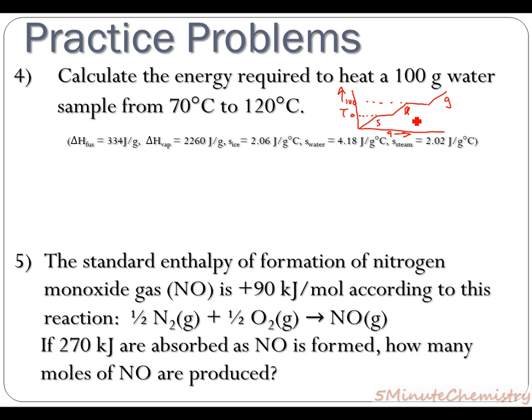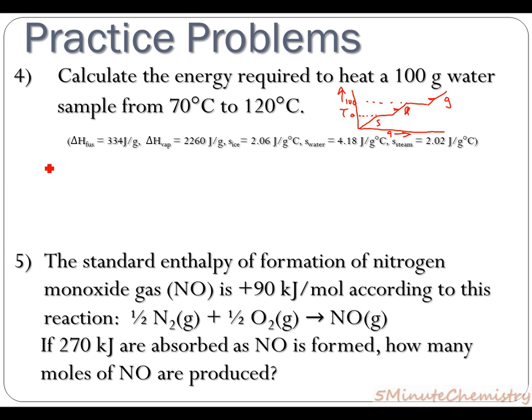So what we need to consider is we're going from 70 Celsius to 120 Celsius. From 70, which is in the liquid phase, to 120. So we're going to have to factor in a phase change as well as our standard increases of temperature. To begin, we're going to break these down by organizing our information.